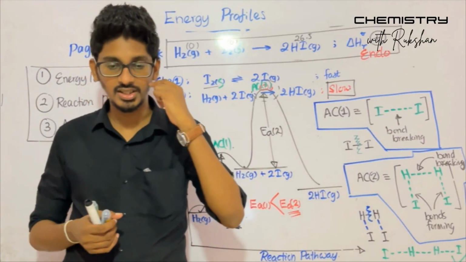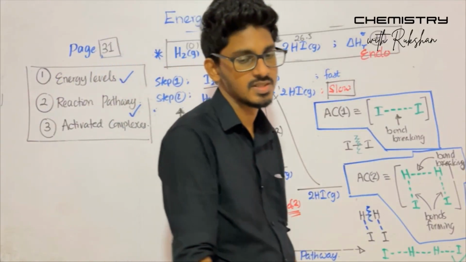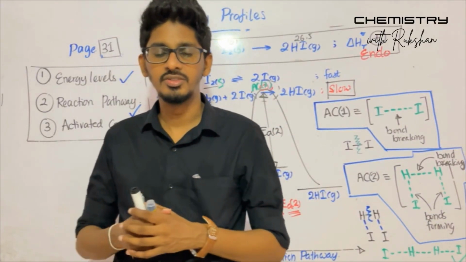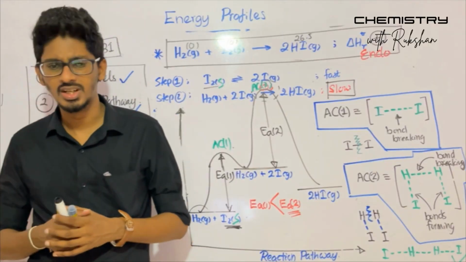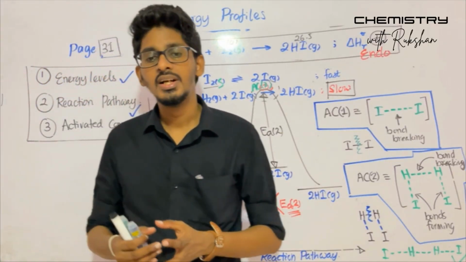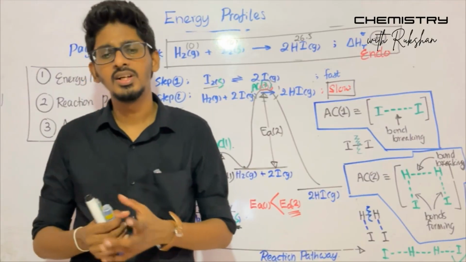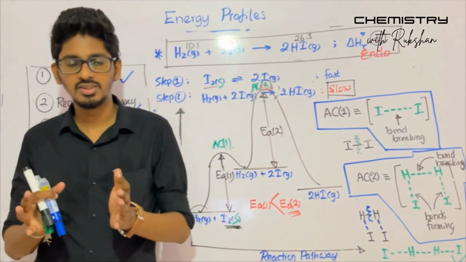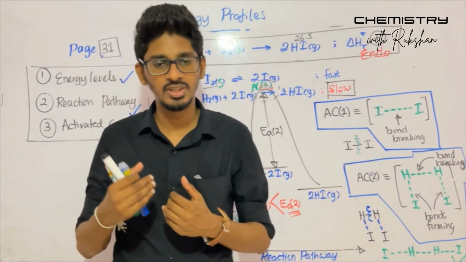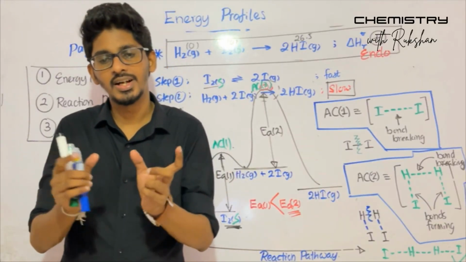This is about the earlier energy profile, which was at page number 29 to 30, right? There we had carbon monoxide and carbon dioxide involved. Carbon monoxide has three bonds between the carbon and oxygen, but when you are producing carbon dioxide, only two bonds between the carbon and oxygen.